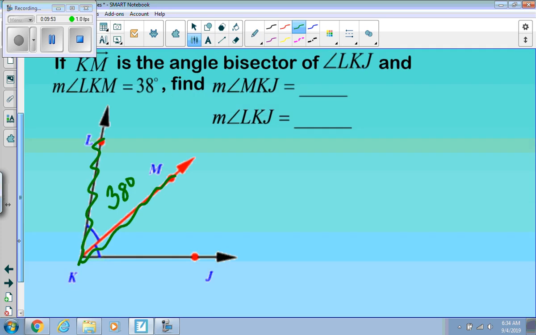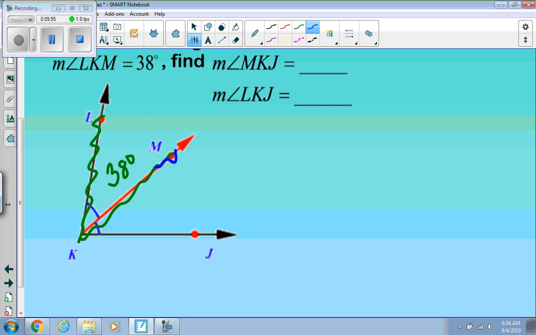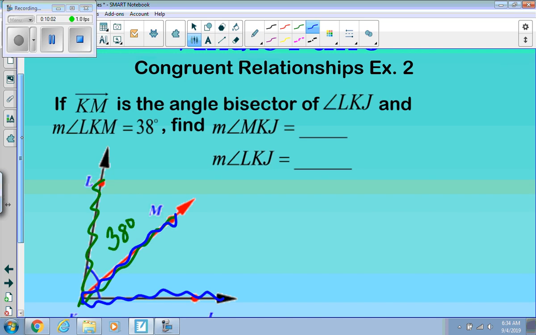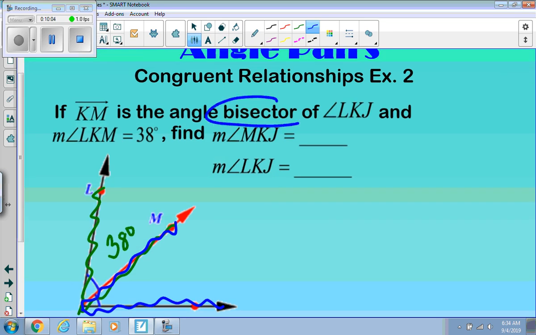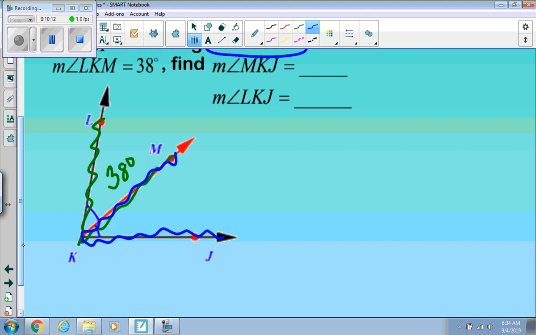So MKJ is that angle there. They told us it was an angle bisector, and remember, angle bisector means to cut in half. So we've cut the whole in half, which means the two pieces are the same. So this piece would also be 38.